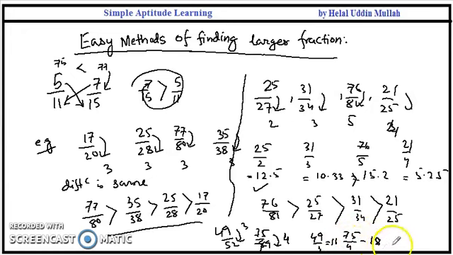Since 16 is less than 18, our second fraction will be greater, that is, 75 by 79 is greater than 49 by 52.